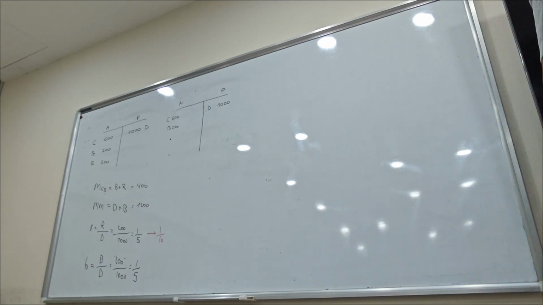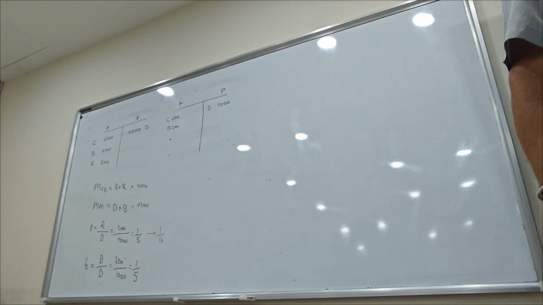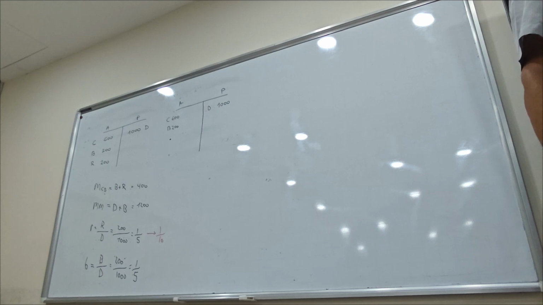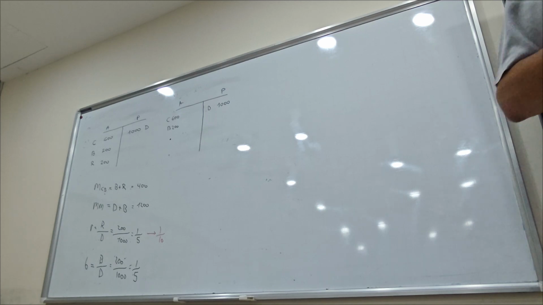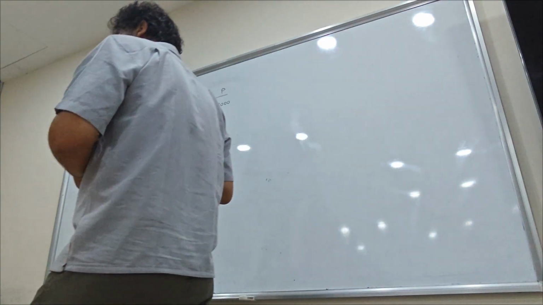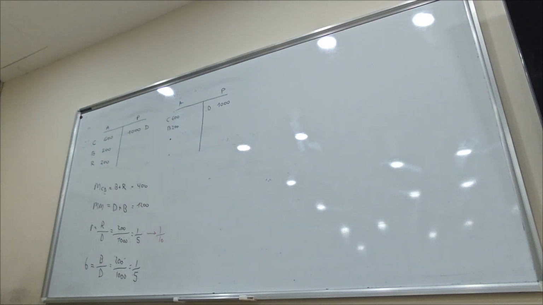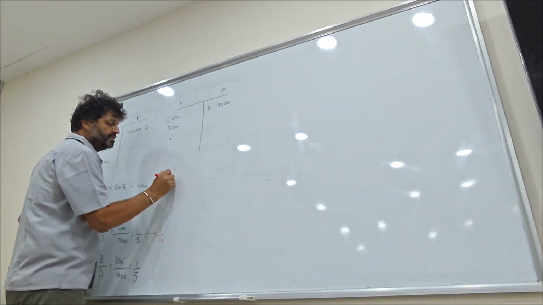Okay, let's go now to our hard stuff. So what are now the mandatory reserves? How many reserves must the commercial banks have? The commercial banks must have 1/10, so the r has gone to 1/10, right?